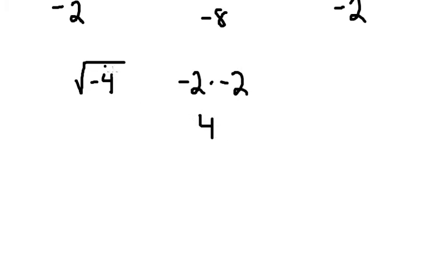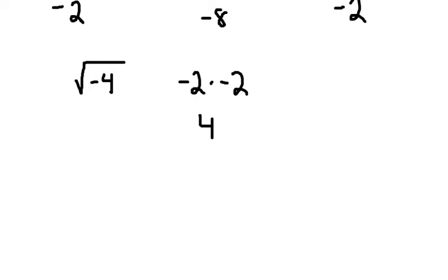There's no way that we can multiply 2 things together to get a negative, because if you multiply 2 negatives together, you get a positive. So that's why it's not defined to have a negative under the radical for even radicals. But it's okay to have a negative under a radical for an odd radical.